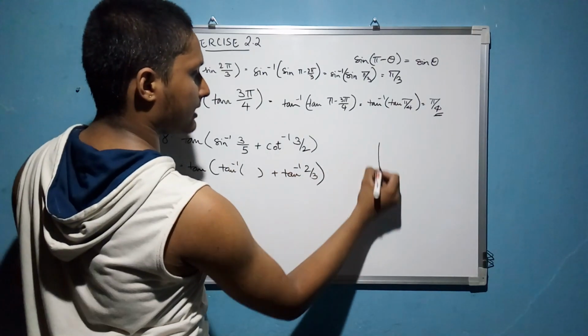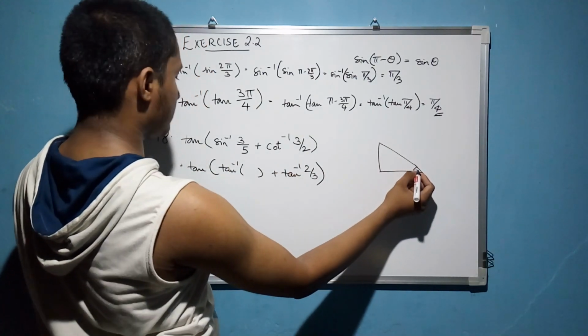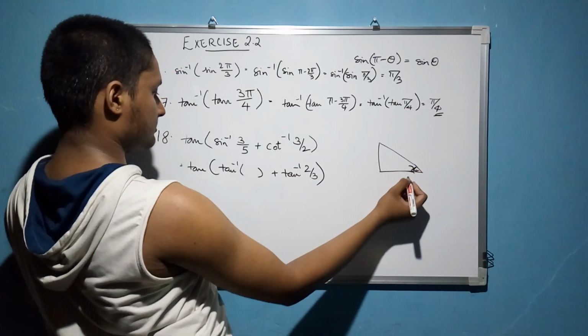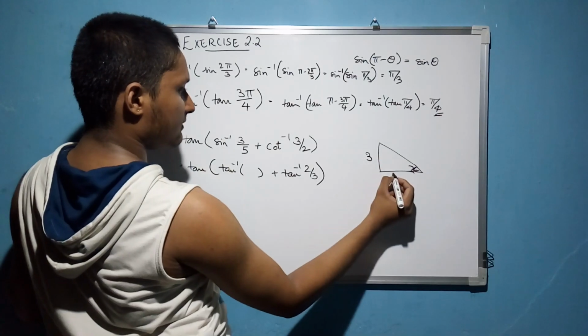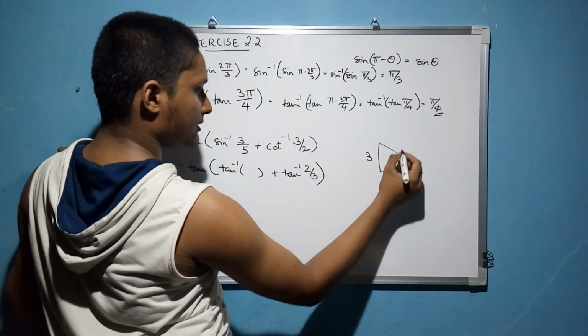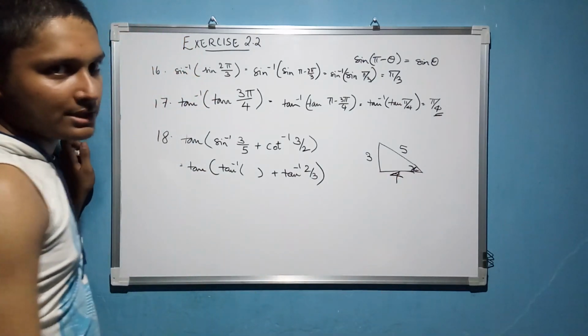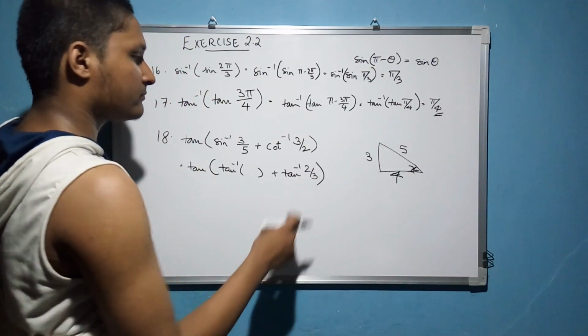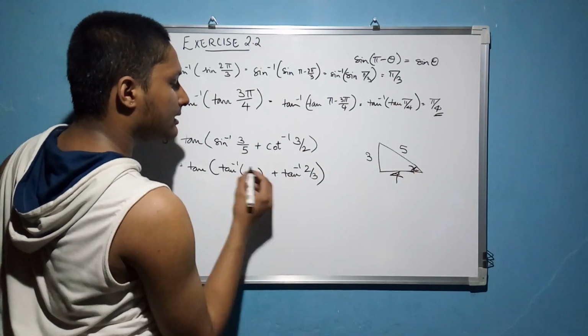Now we have one triangle, say this is the angle x, and sine is opposite divided by the hypotenuse. So this is the common Pythagorean triplet, that is 3, 4, 5. So from this you can find out that the tan of this angle comes to be 3 by 4.